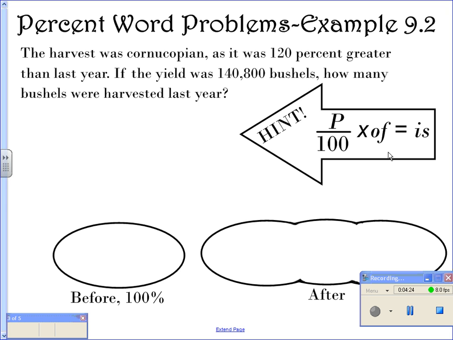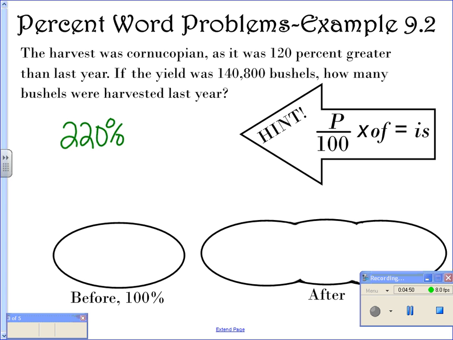All right. So we have: the harvest was cornucopian as it was 120% greater than last year. If the field yield was 140,800 bushels, how many bushels were harvested last year? Okay, what would you set up for?